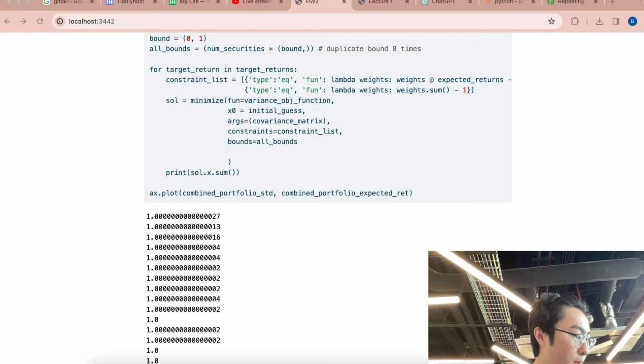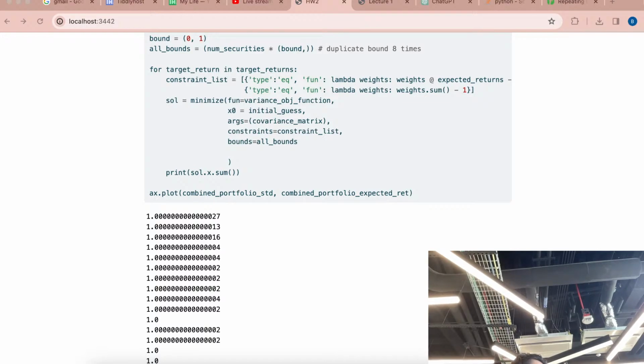Now we have to plot them. So we have our portfolio weights now, and then I think we need the variance or the standard deviation of the portfolio, then also the expected return.